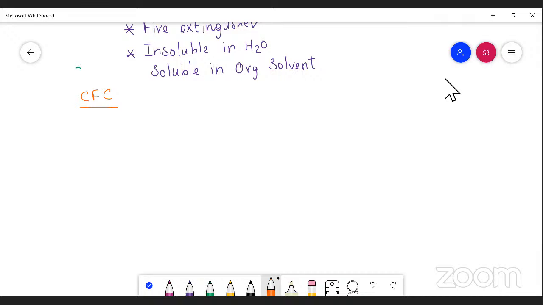CFC is nothing but chlorofluoro derivatives of methane and ethane. Then it is generally called freons. You know that? It is freons.